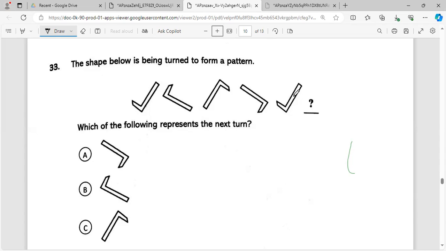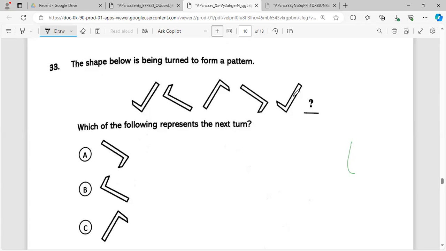The shape below is being turned to form a pattern. Which of the following represents the next turn? So it will be a clockwise motion.